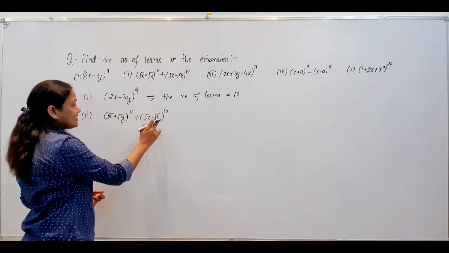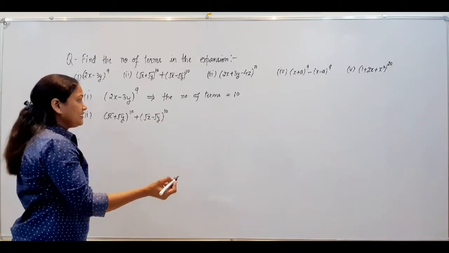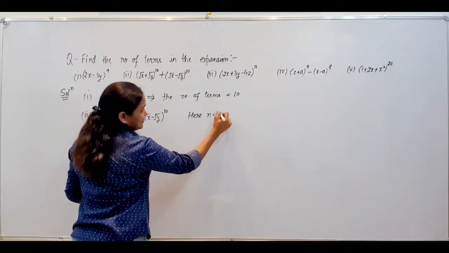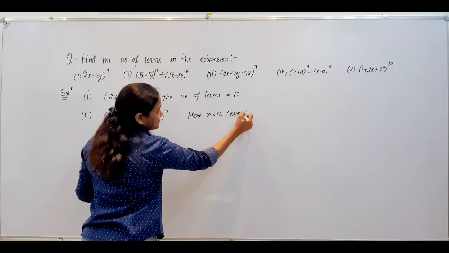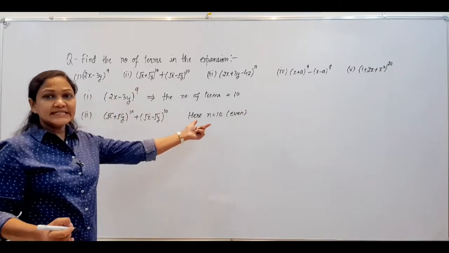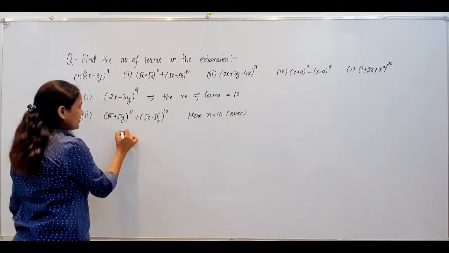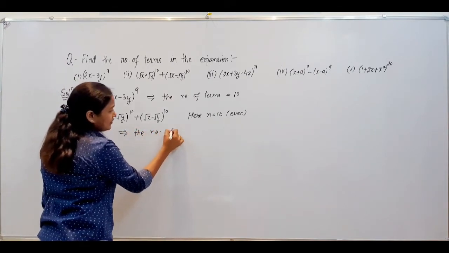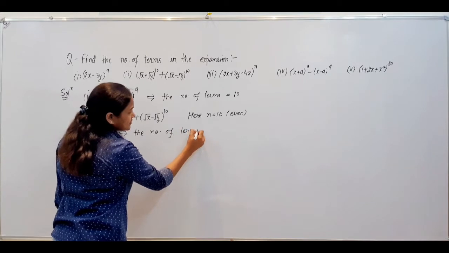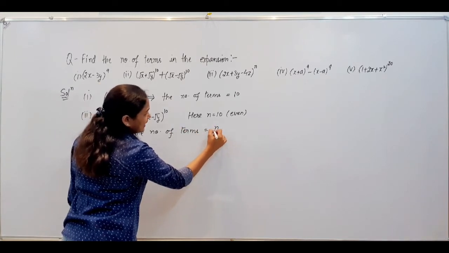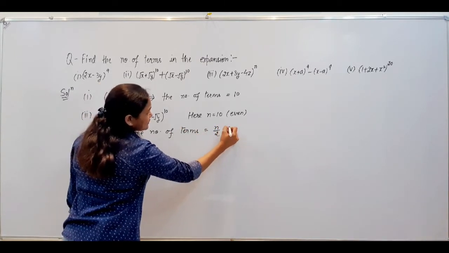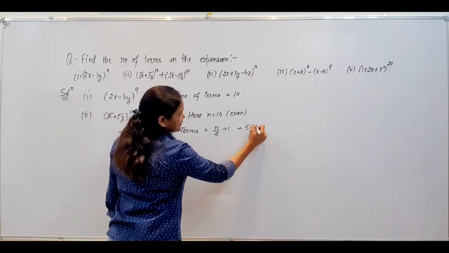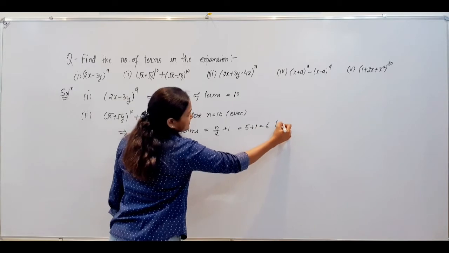Here n is equal to 10, which is an even number. When n is even, the number of terms is equal to n upon 2 plus 1. n upon 2 is 5, 5 plus 1, that is 6 terms.